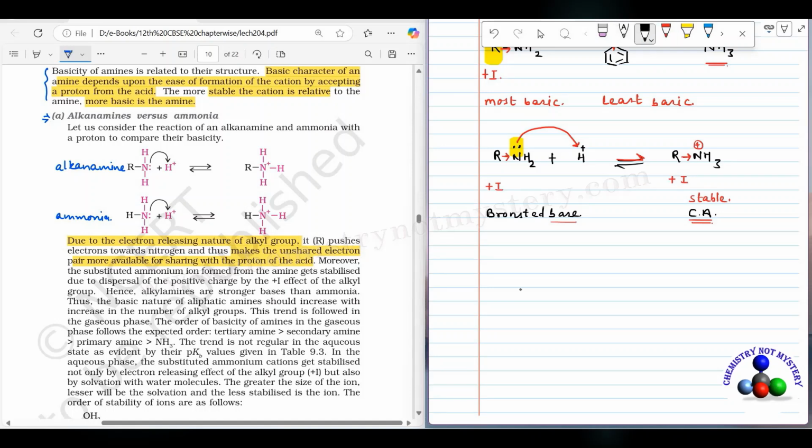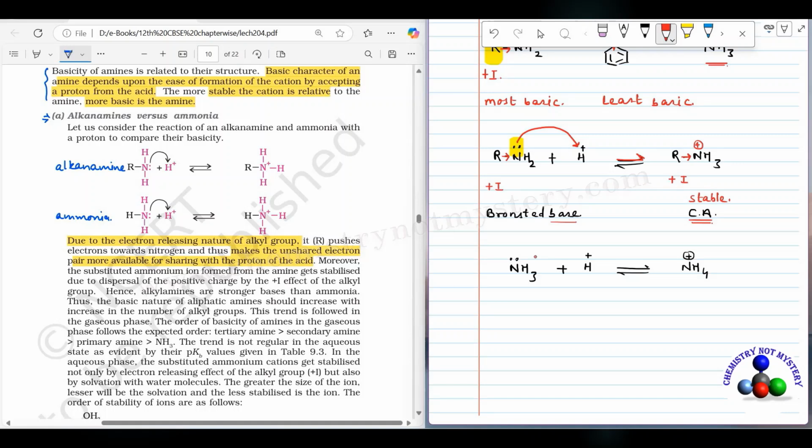Now come to ammonia. Here this is NH3 and there is a lone pair over nitrogen. When it reacts with a proton of an acid, there will be an equilibrium and you will get NH4+. In the case of ammonia, there is hydrogen, which cannot donate electron density to nitrogen. So the availability of the lone pair cannot be increased by the presence of hydrogen.